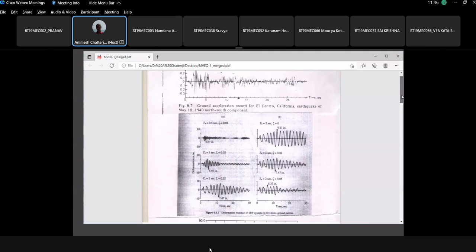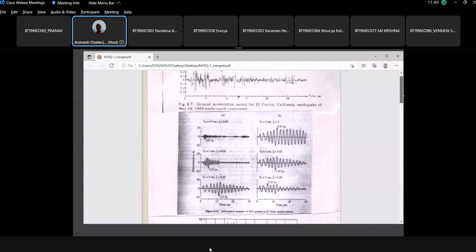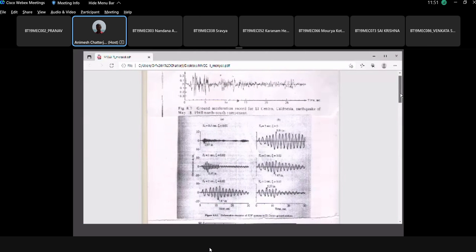There would be an east-west component also, and a vertical component also. For this north-south component, numerical integration was carried out for different parameters.